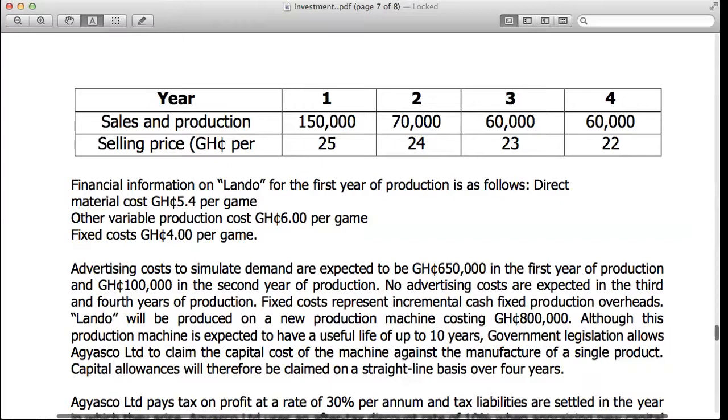Good. Lando will be produced on a new production machine costing 800,000. That's the initial capital, the initial outlay, the initial investment, the cost of investment. All of these are the same. If they don't tell us anything, it will be incurred now.